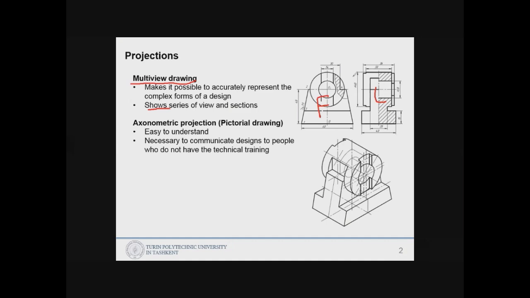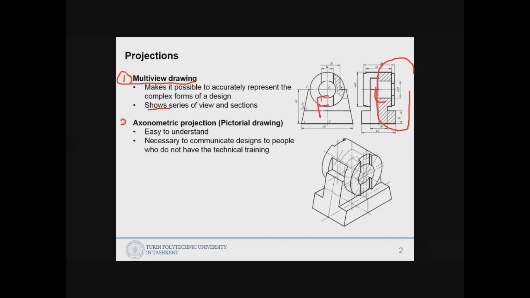Here you can see half of the part sectioned, and half is the outside view. In between you can see that center line, the chain line. So that's multi-view drawing, a projection of each side.